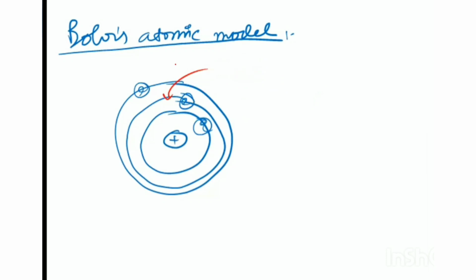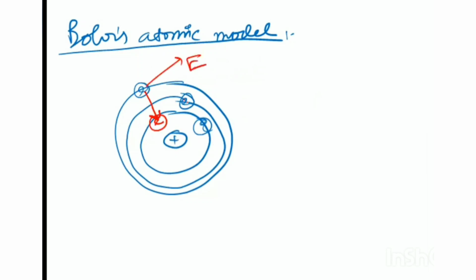If an electron goes from a higher state to a lower state, that means it is moving in an outside orbit but wants to come into this orbit, so it has to emit energy.